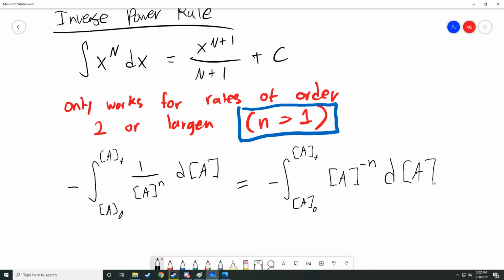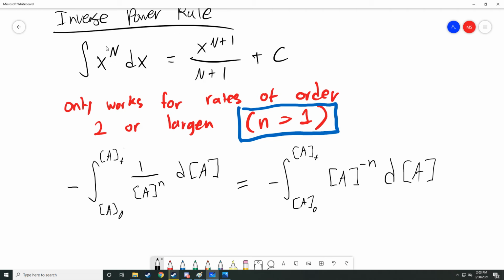Okay, so now we have it in the same form that I showed up here. So this allows us to set this negative n equal to capital N and then apply the inverse power rule. So remember, capital N and lowercase n are different. Lowercase n is the order of our reaction with respect to A, and capital N is just denoting how to use the inverse power rule when you have capital N in this form here.